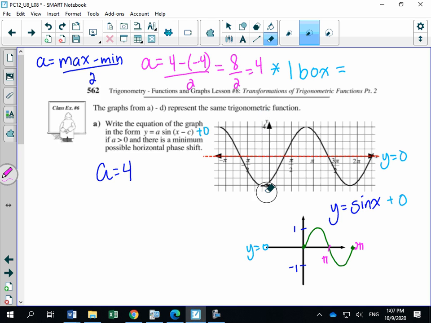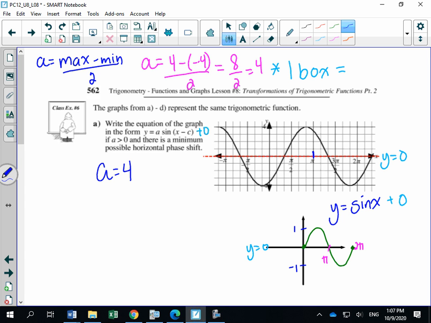From the A value, we now need to figure out what the phase shift was. Before we figure out the phase shift, always figure out what one box, or one hatch mark, on your grid represents. They will always give you pi or 2 pi. Right here, they give me pi.